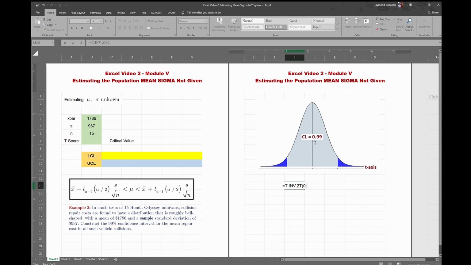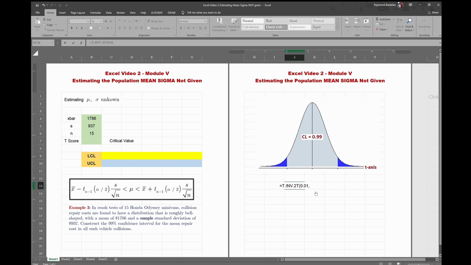So you type 0.01 there, the area in the two blue tails. The way you do it is always 1 minus the confidence level. The confidence level is always given to you, and if it's not, you always assume it to be 95 anyway. If it's given, you just subtract that from 1 and it tells you what to type here, then a comma.